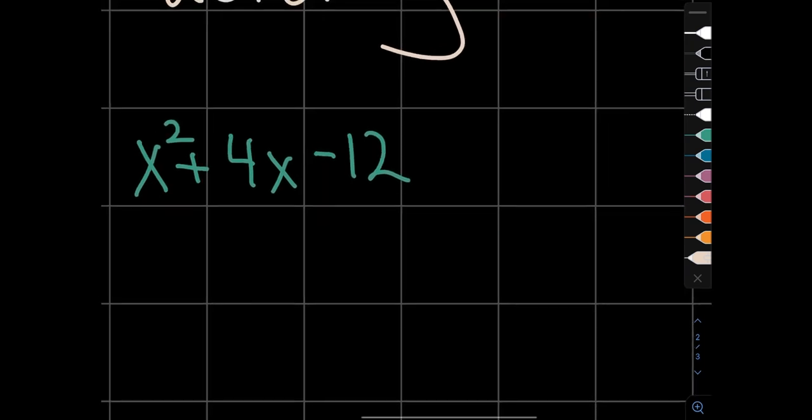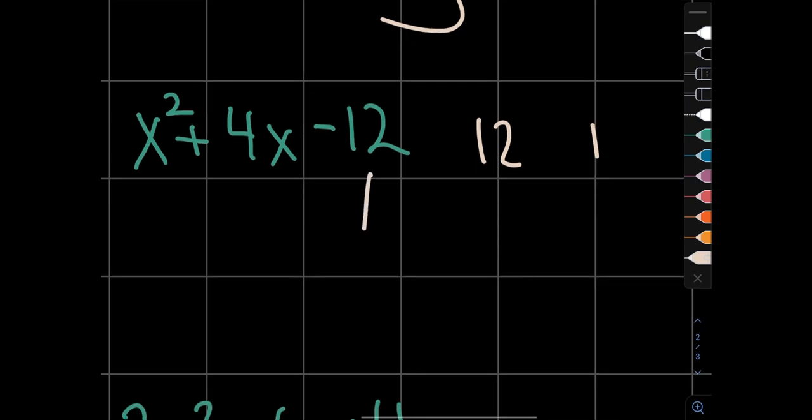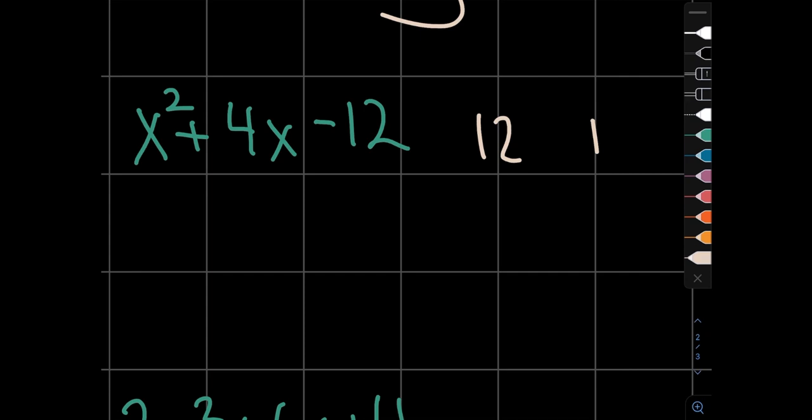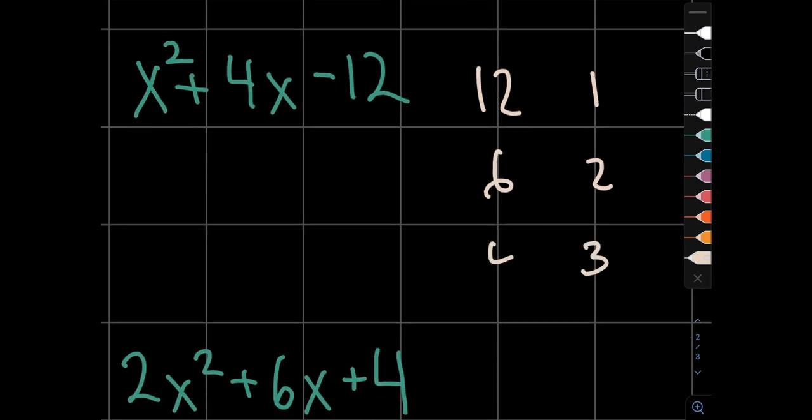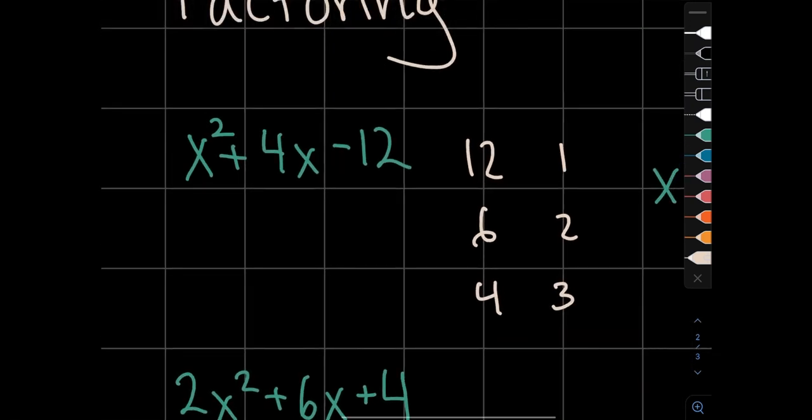How to factor this is we want to list out, just at the beginning, the factors of the last term. Once you get the hang of factoring, you don't have to do this. Disregard the negative sign, just think about the last term right now. So 12 and 1, 2 and 6, 3 and 4. Those are all the factors.